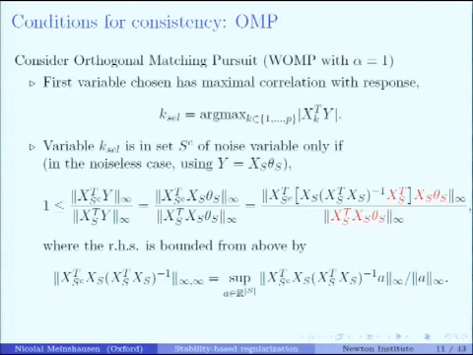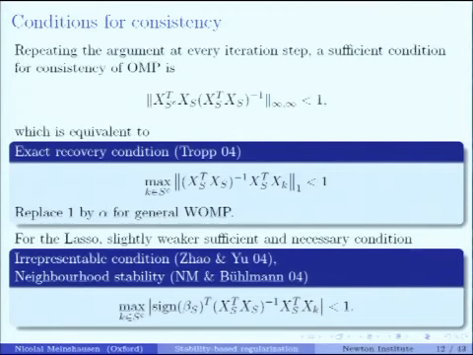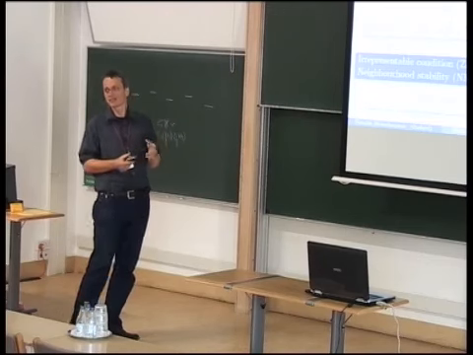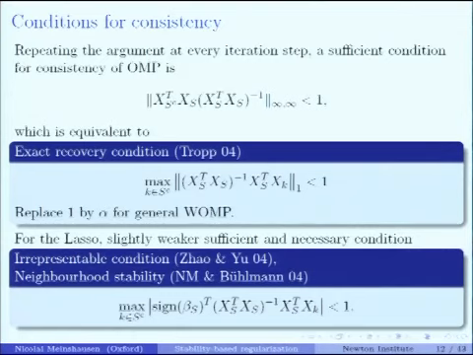Okay, I'm not sure if that was too clear, but I hope somewhat. So if you repeat that argument, then Tropp showed that the condition you need for consistency is the exact recovery one, which is basically saying, you take all the variables k, which are the noise variables which you don't want to have, and regress them onto the set S of relevant variables you have, which is basically just this least squares regression here.